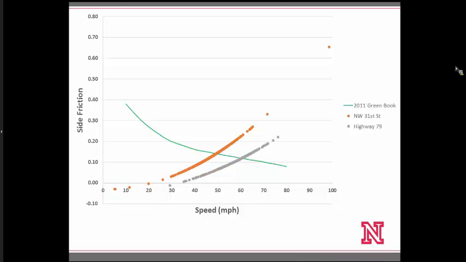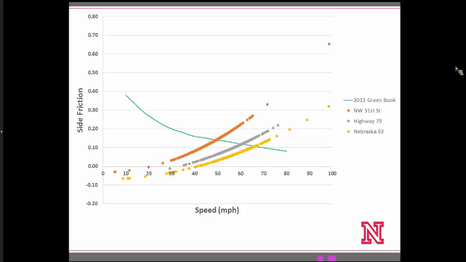Okay, so now we have Highway 79, and you have vehicles ranging from about 30 miles per hour to no more than 80 miles per hour. There's Nebraska 92. You have them going about 8 miles per hour to also almost 100 miles per hour, and you also have these negative values.